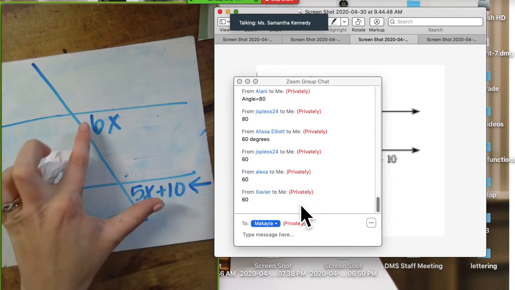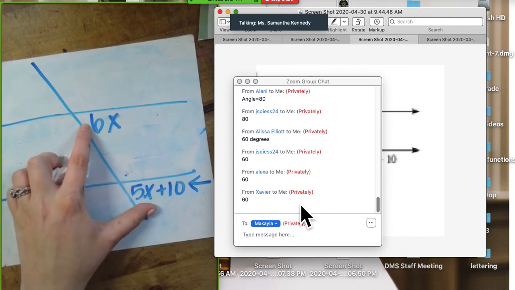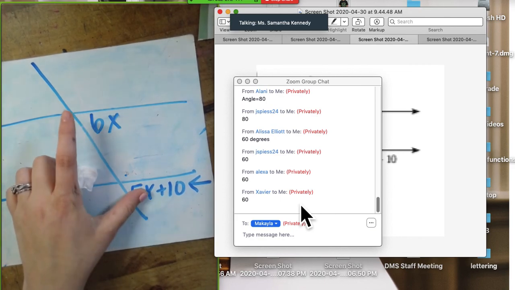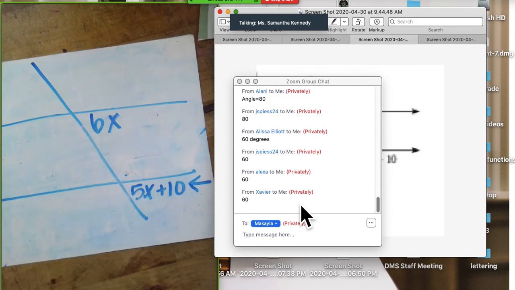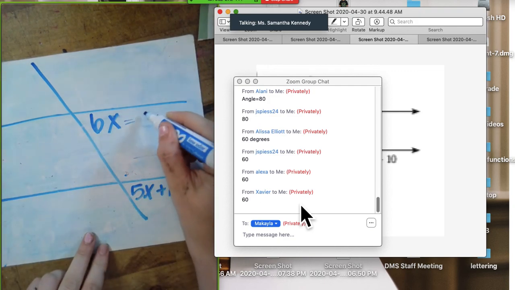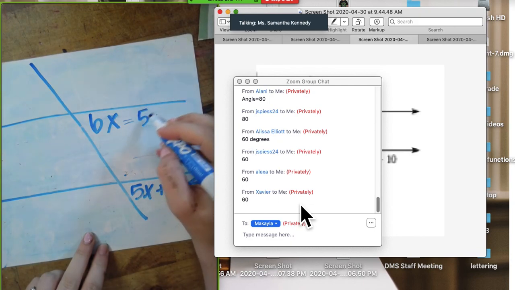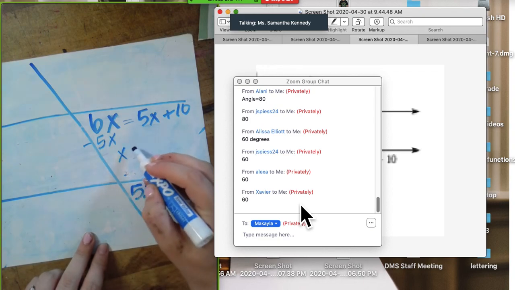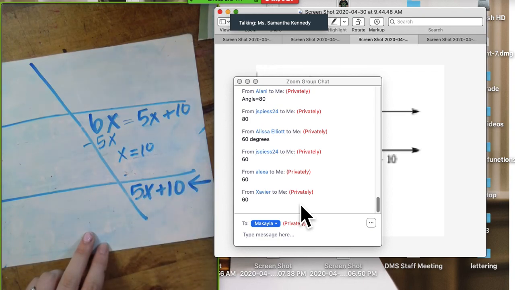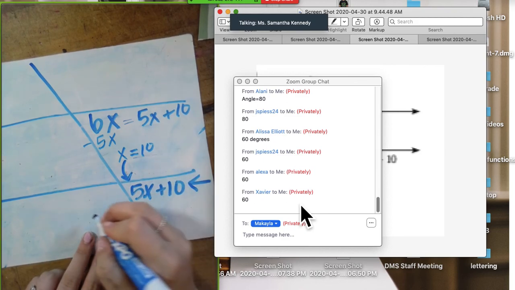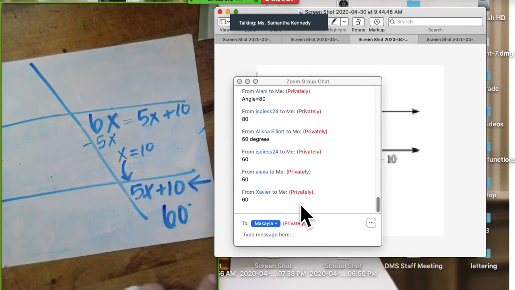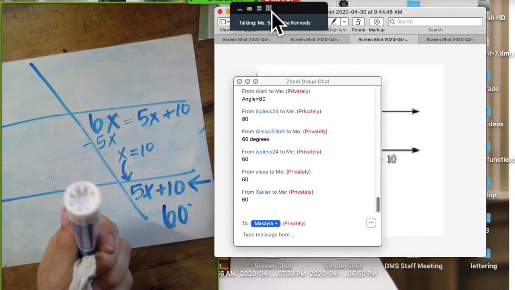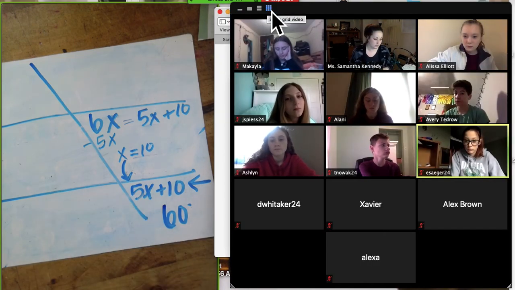So we can look at these and know that these are corresponding angles, and corresponding angles are going to be congruent. So when we set them equal to each other, it would be 6x equals 5x plus 10. Subtracting 5x would leave me with x equals 10. And then when we plug it back into there, it would give us 60 degrees. Okay? So that is how you would find the angle measure. I think you guys are getting the hang of this, doing pretty well.